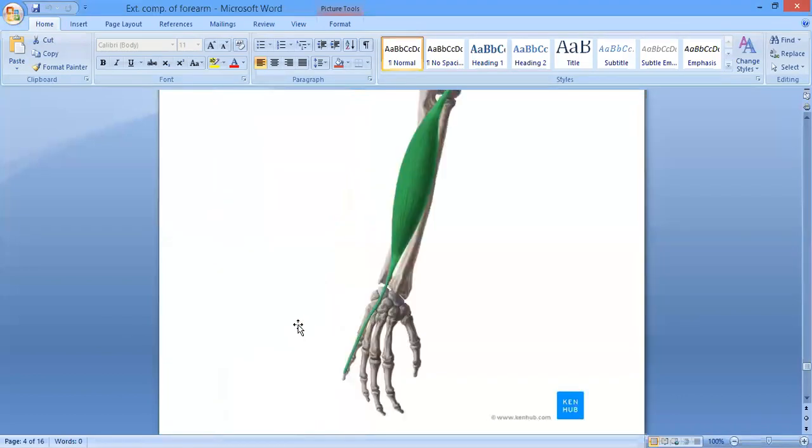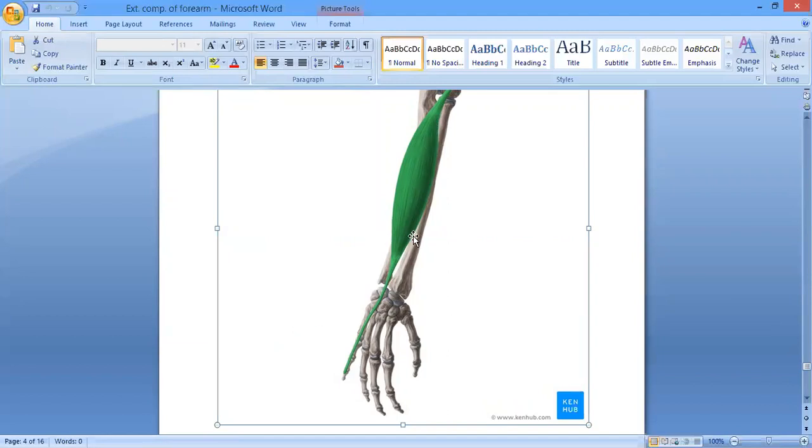Now we got another muscle, extensor digiti minimi.